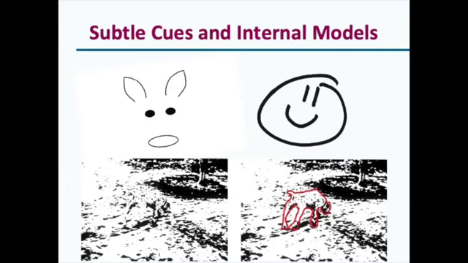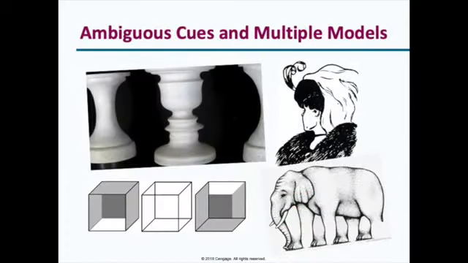Slide 53. Our next point is that we carry around multiple internal models of the external world that are reflexively triggered by ambiguous cues, confusing our attempts to actively seek the necessary cues to build an accurate internal model. I know that was a mouthful, but I think you got it. The classic example of this is the face vase picture, but I found an even cooler one in the upper left-hand side.